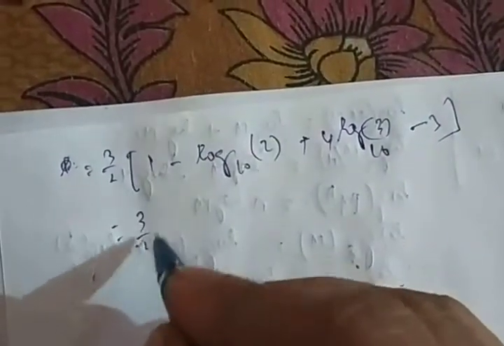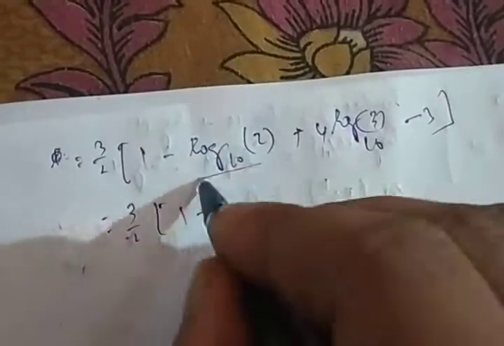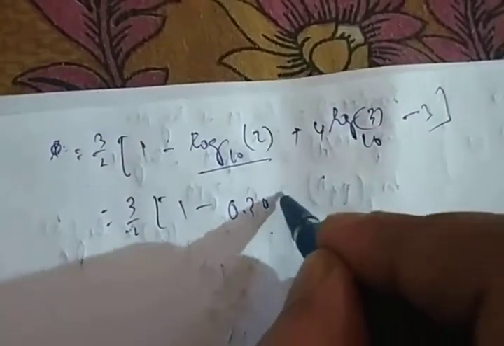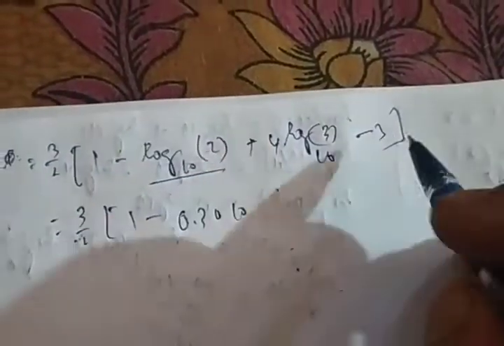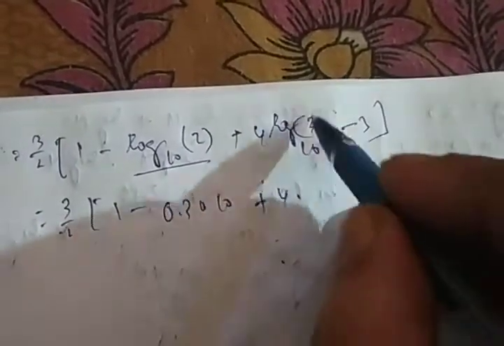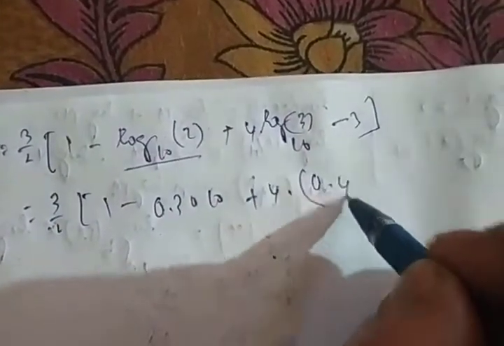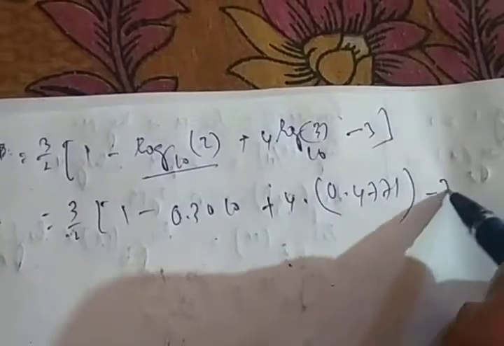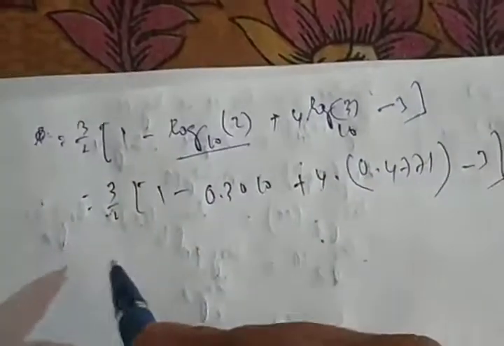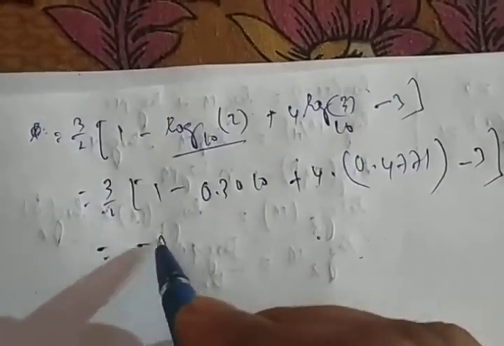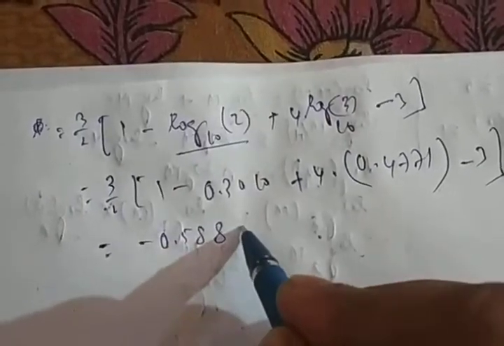Now we know the value of this term is 0.3010, and this term also we know is 0.4771, minus 3. After calculating this, we will get minus 0.5889.